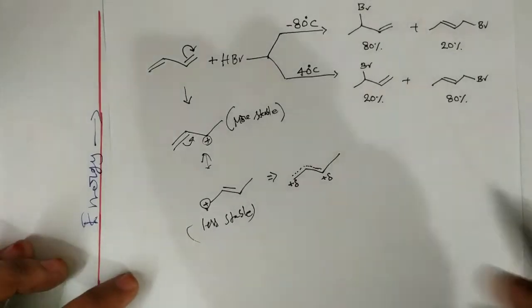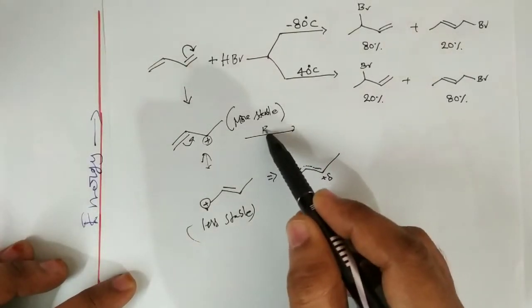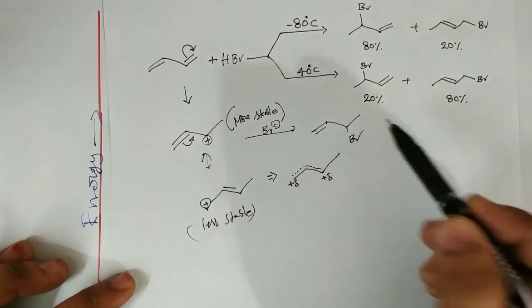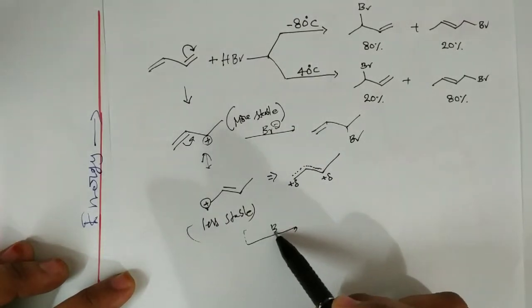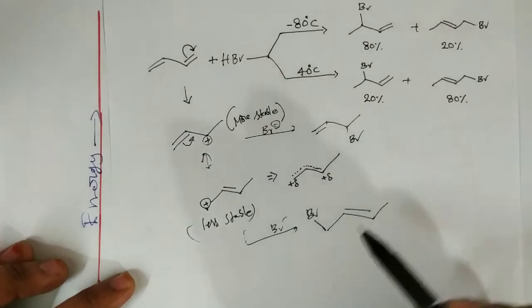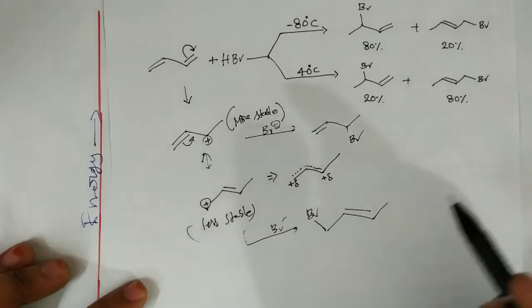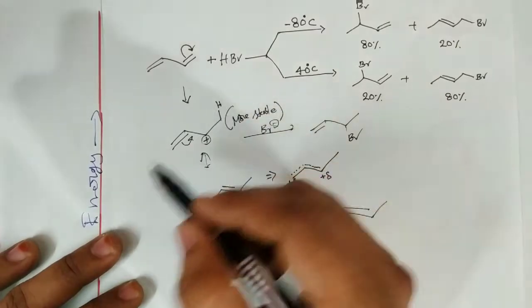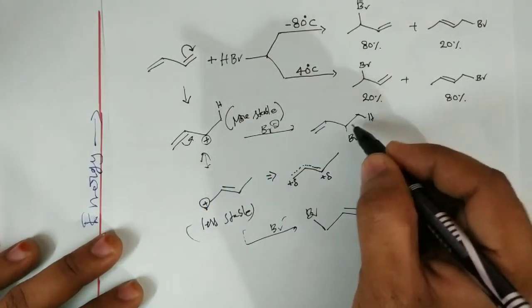Now if it is attacked by Br minus here, the product is this one, and if it is attacked by Br minus there, the product is this one. That is a secondary halide, and this is the primary halide. If you observe, initially hydrogen is added to the first carbon and bromine is added to the second carbon.